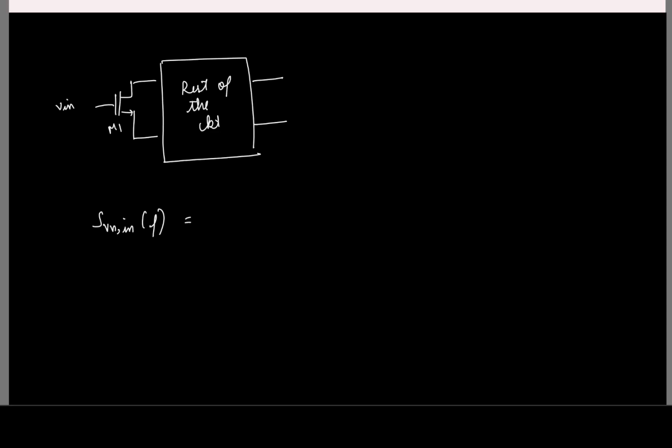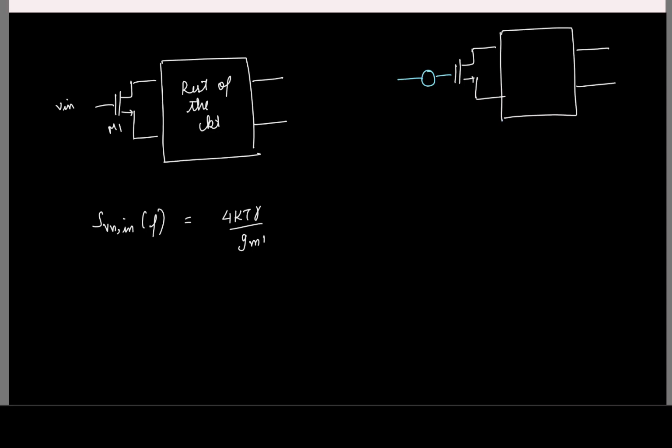Due to this transistor M1, it's simply 4 kT gamma by GM1. Okay, so we don't have to worry about it. Again, that's simply because I can model the noise of the transistor by a series voltage source like this, and that's exactly what you want also finally.